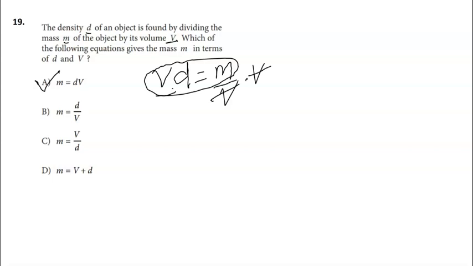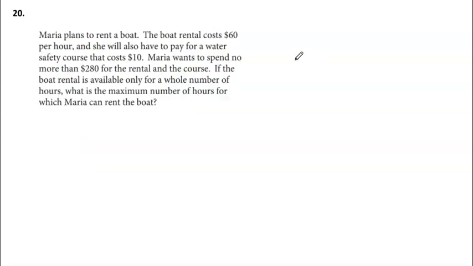All right. Question number 20. It says here, Maria plans to rent a boat. The boat rental costs $60 per hour, right? And she will also have to pay for a water safety course that costs $10, right?